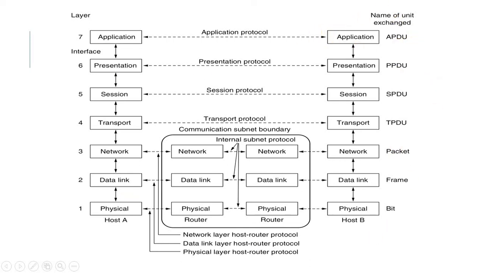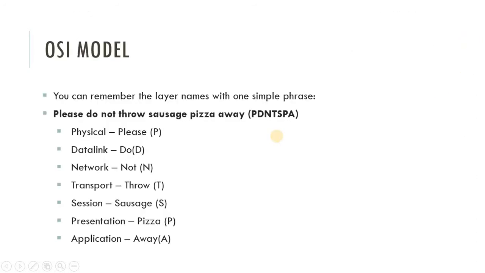Okay, so this is the typical diagram of the OSI model. Now you can remember the layer names with one simple phrase, because there are 7 layers, and remembering their names is a very difficult task. So here is one simple phrase: please do not throw a saucy pizza away.